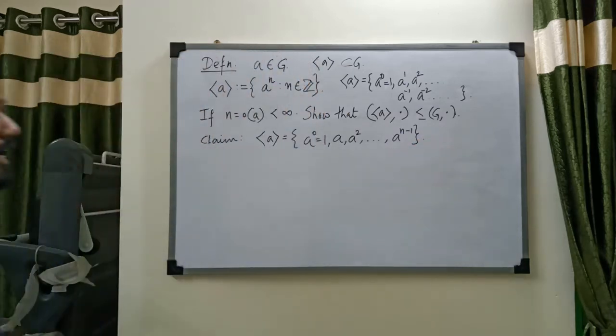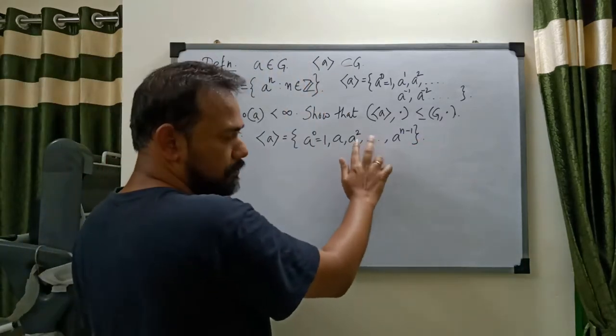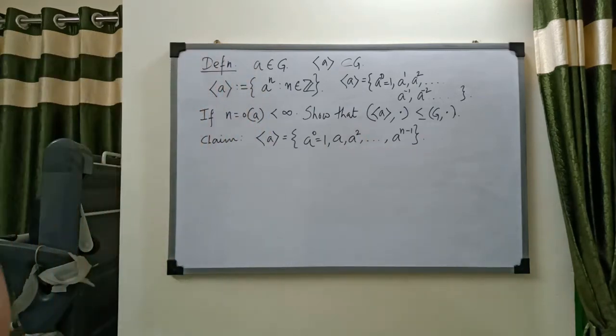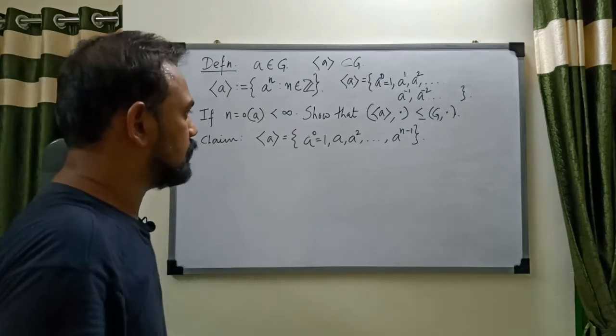These are the only possible distinct elements, that is, no two of them are equal, of this subset.